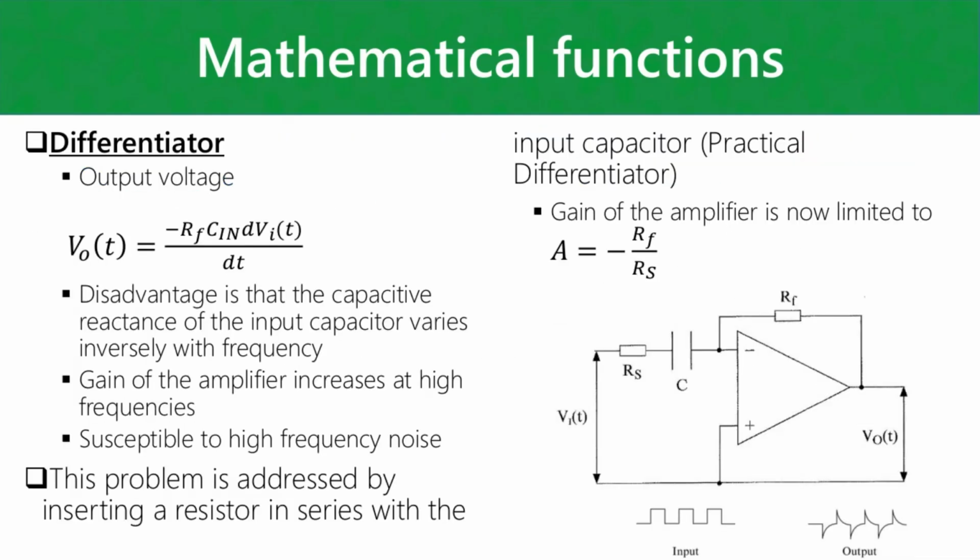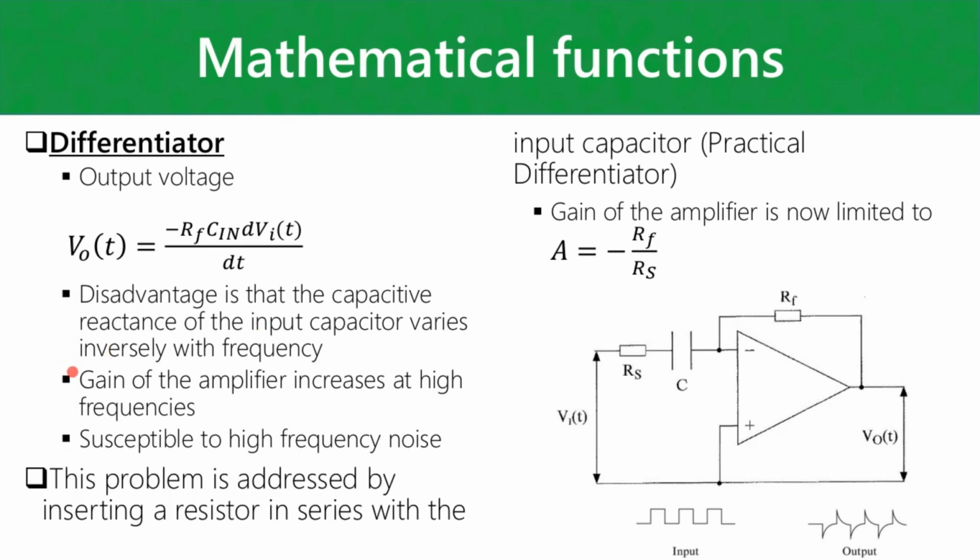Then the two circuits that I want to get to are the differentiator and the integrator. The differentiator and integrator also have practical circuits associated with them, and this is just due to some gain issues at lower or higher frequencies.